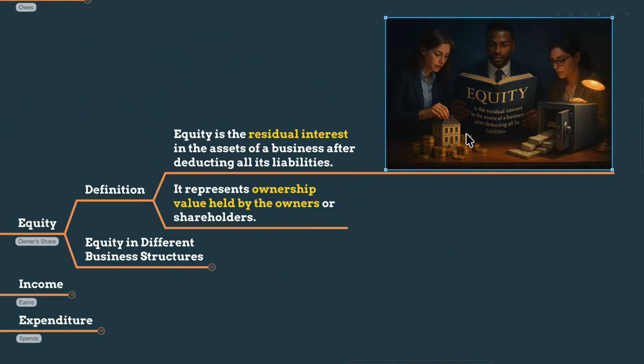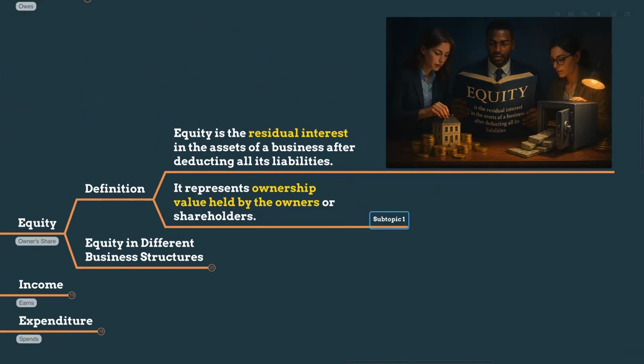So the owner is paying non-current liabilities, current liabilities, and after that, what is left for the owner? So it represents the ownership value held by the owners or the shareholders, right? So usually, my dears, we calculate what? The total assets take away the total liabilities, and it will give you the equity, the total equity, right?